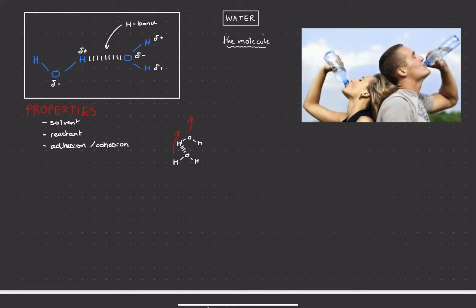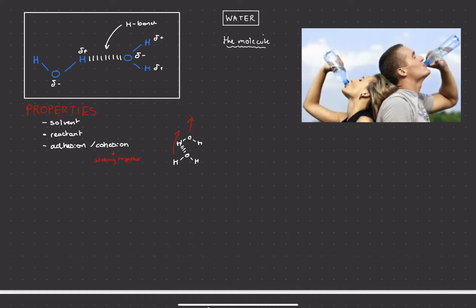This property of them sticking together is called cohesion. So if you ever see the word cohesion, just think that water molecules stick together. And we're going to see that that's really useful.